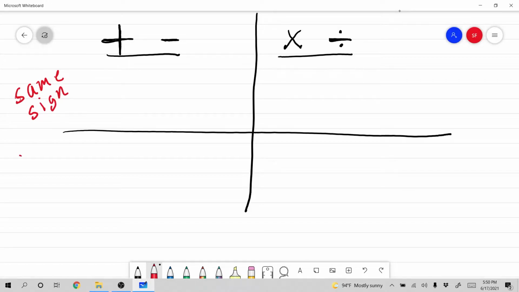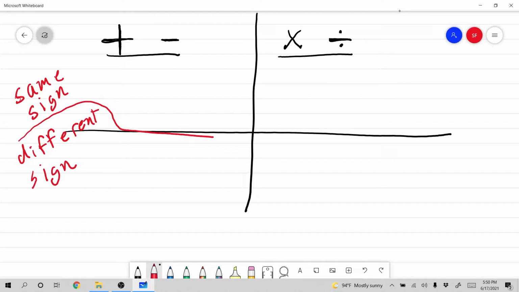If they have a different sign, then something else happens. Different sign is down here. Same sign is up at the top. Different sign is down at the bottom. Hopefully, if you're writing on regular paper, your notes will be much neater. It'd be a lot easier to read. Okay, that's horrendous, but we'll see.